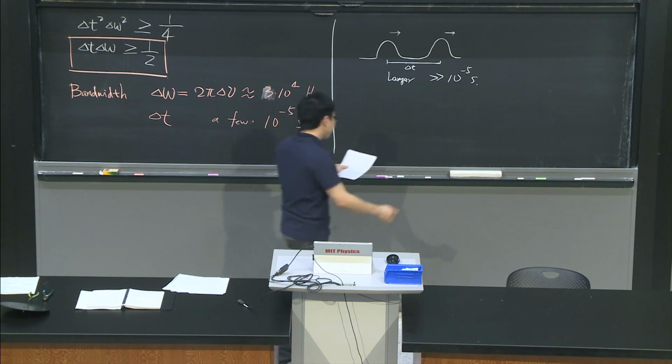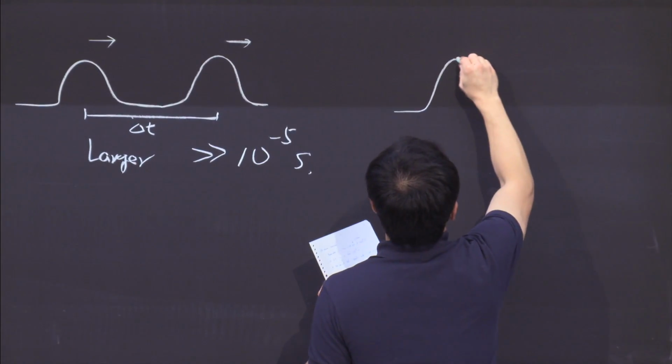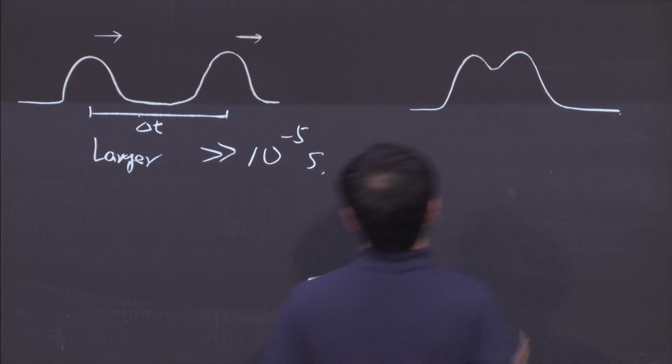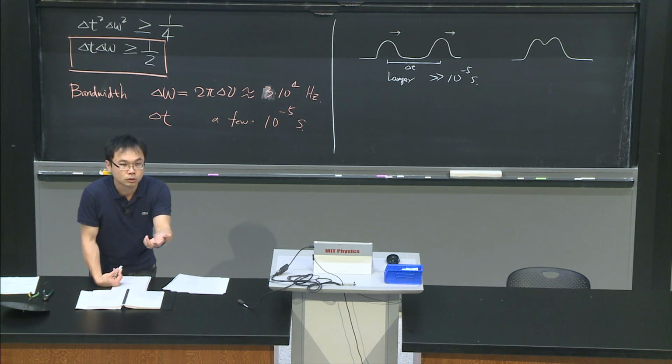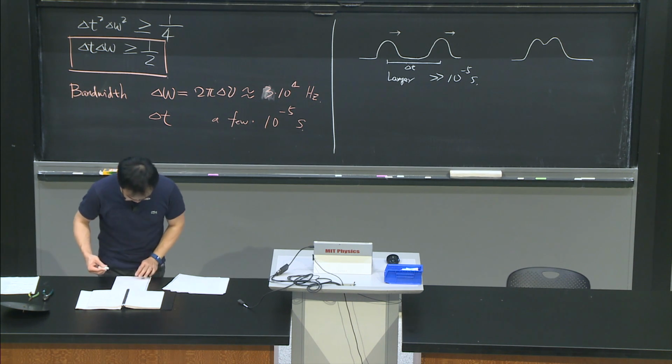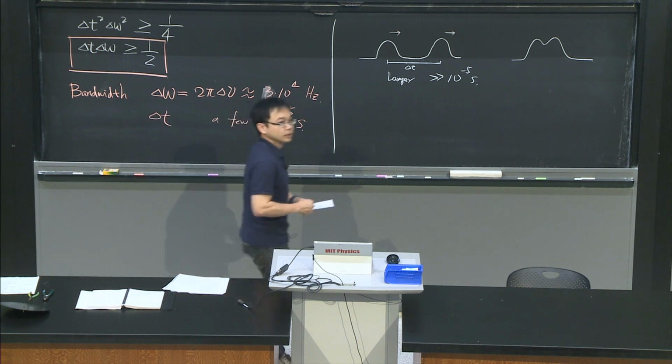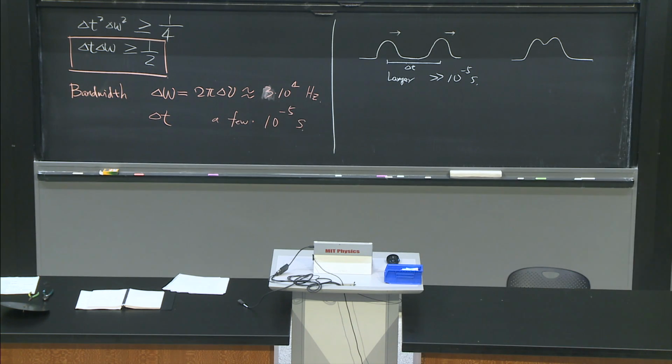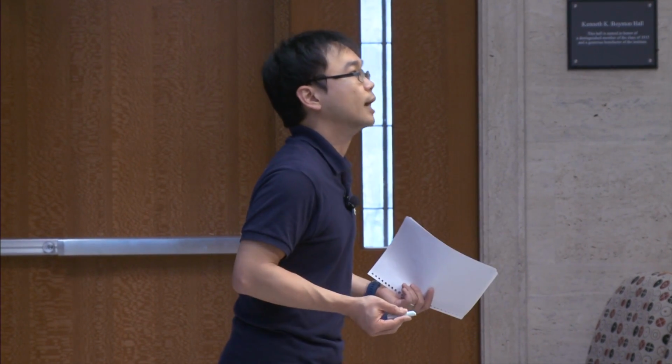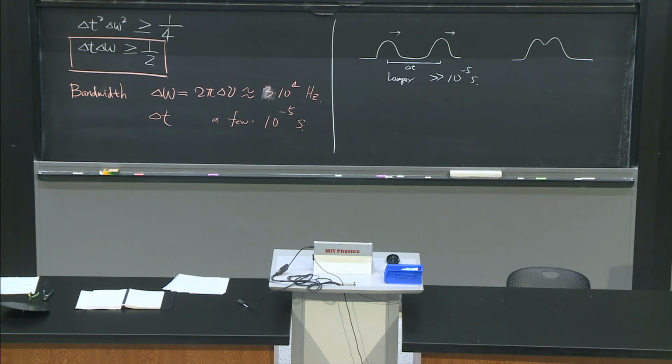On the other hand, if I send the 2 signals really close to each other, it will look like this. Then the receiver, the one who receives the signal, will not be able to separate whether this is 1 signal or 2 signals, or 1 pulse or 2 pulses, which you are trying to send. Okay? Any questions so far? So you can see that we can quantify the limitation in the time resolution due to the limitation of bandwidth, delta omega.